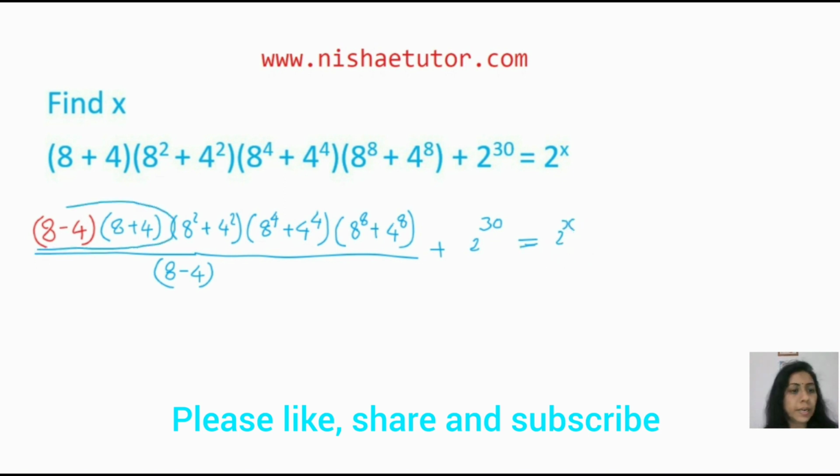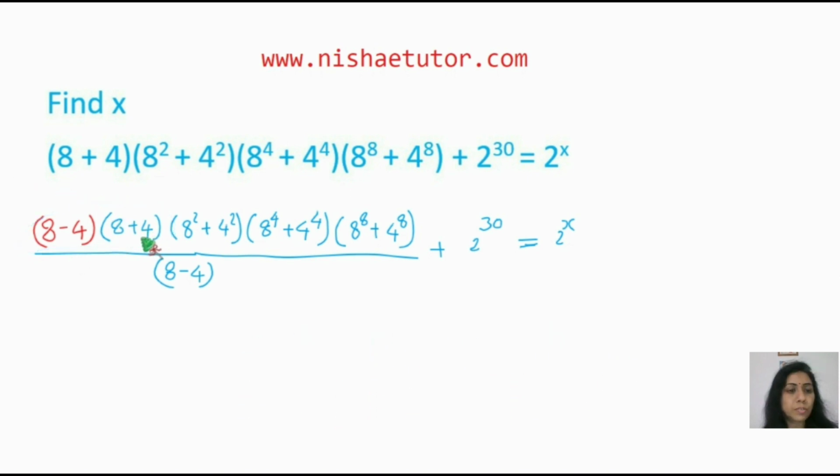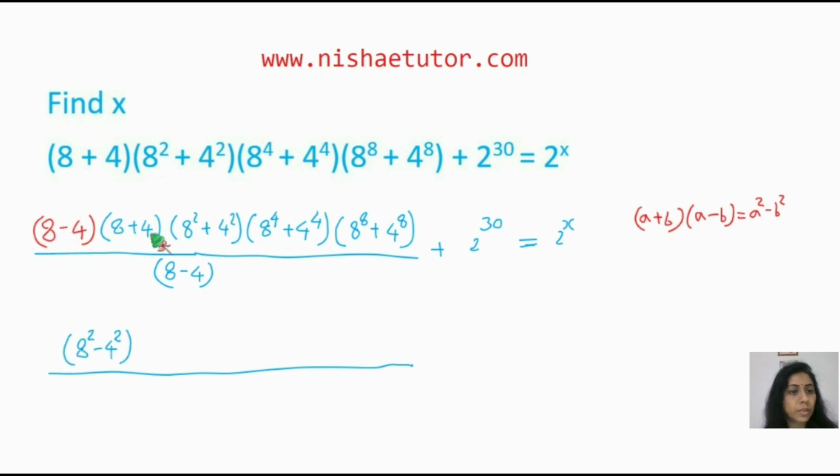Here this part, 8 minus 4, 8 plus 4, we can apply the difference of squares formula. If a plus b, a minus b, we can write a square minus b square. This one we can write 8 square minus 4 square, according to this formula.